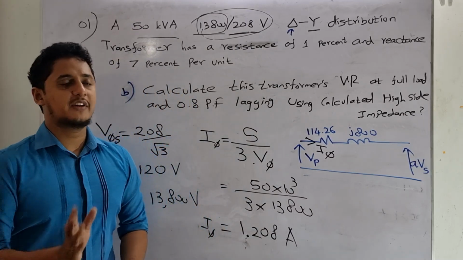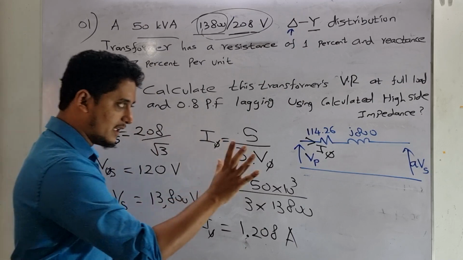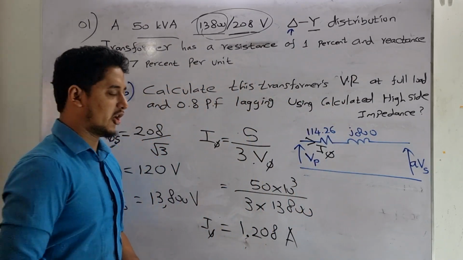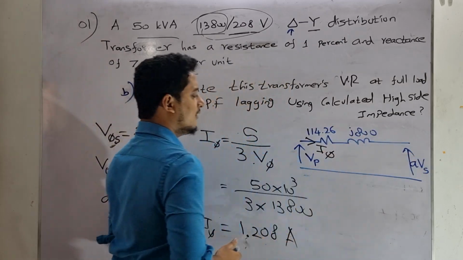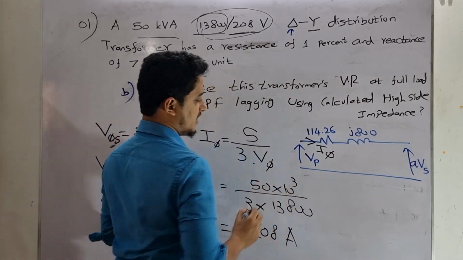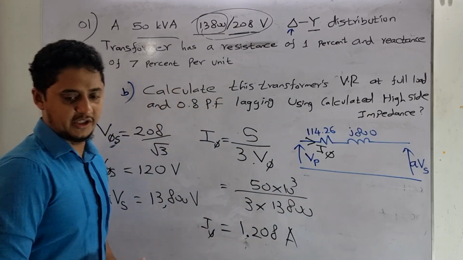Okay, so we have calculated the impedance, we have calculated the phase current, and we have calculated the output voltage. From these things, we can calculate the input voltage or primary voltage.